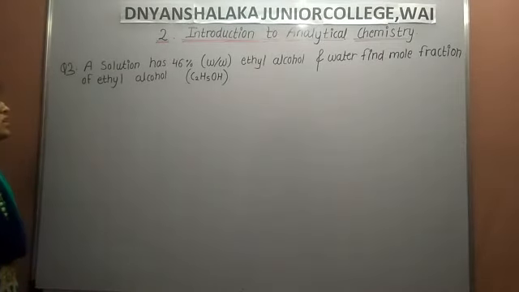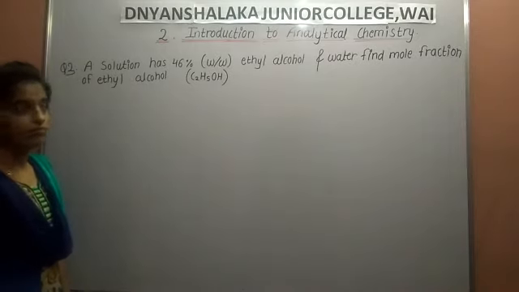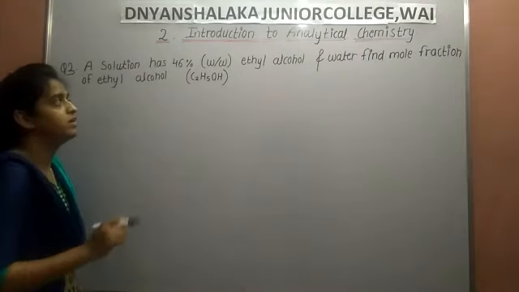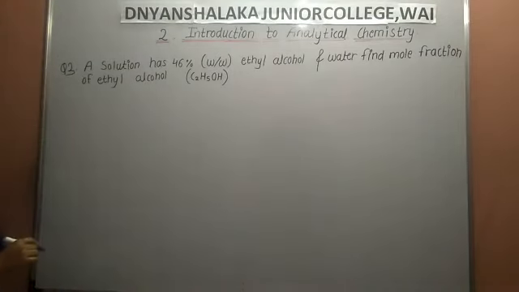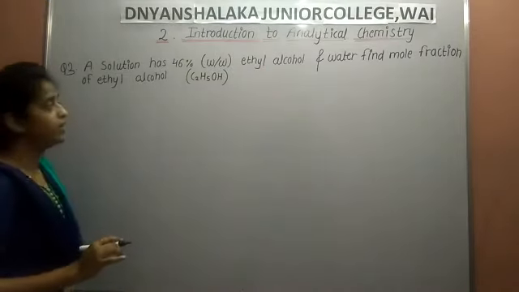So question number 3: a solution has 46% weight by weight, which we are given as mass percent, means weight by weight percent of ethyl alcohol and water. Find the mole fraction of ethyl alcohol. The ethyl alcohol formula is C2H5OH.